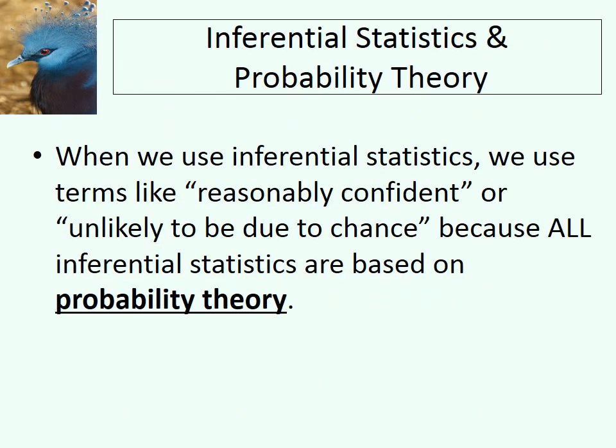But what does it mean to be reasonably confident that there is actually a relationship between the independent variable and the dependent variable? When we use inferential statistics, we use terms like reasonably confident or unlikely to be due to chance, because all inferential statistics are based on probability theory.